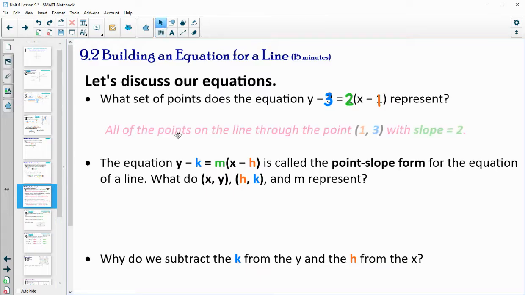So the set of all points that go through the point (1, 3) and have a slope of 2 is the points that this line represents. This equation that we just looked at is actually called point slope form. So that's what it's called.